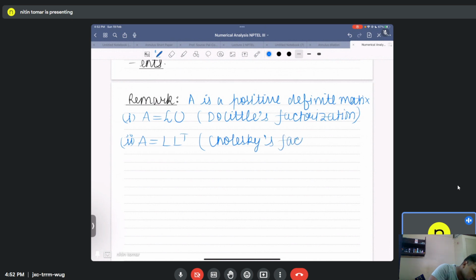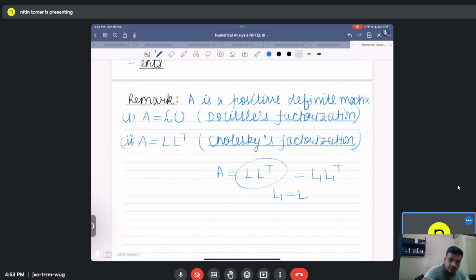The L in the Doolittle's factorization and the L in the Cholesky factorization can be different. Doolittle factorization does not mention uniqueness. Cholesky factorization says whenever you can write a positive definite matrix as L times L transpose, and if you are able to write, let's say, L1 L1 transpose, then L1 has to be the same as L. Uniqueness in that sense.